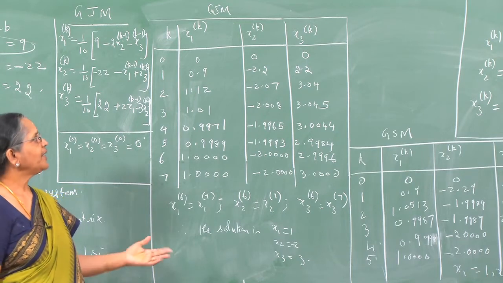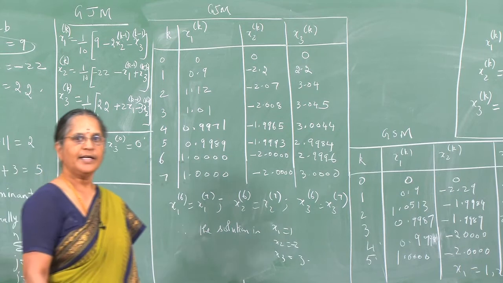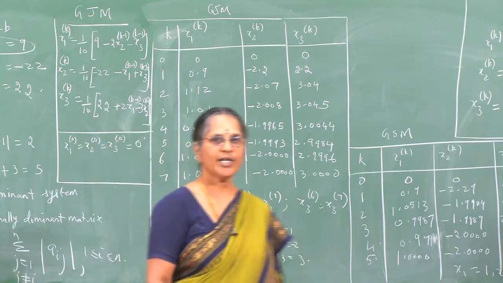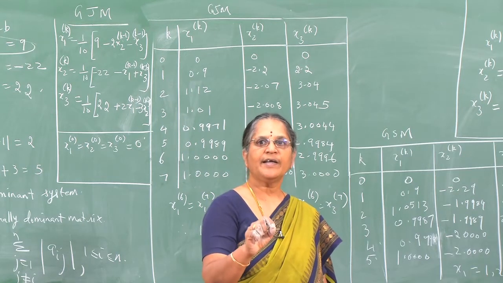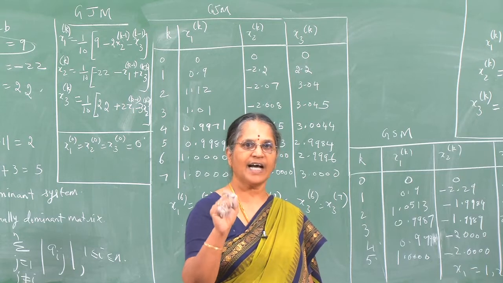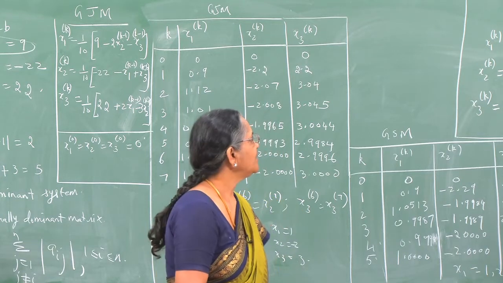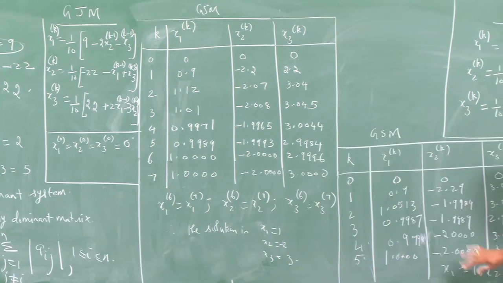Now, I perform the solution using Gauss-Seidel method. In this case, the solution at any step is computed using the currently available values for the variables at that particular step. So, when I do that, the solutions are given in this table.